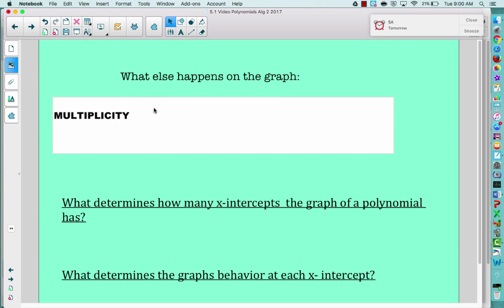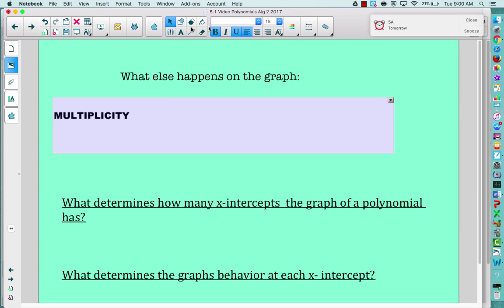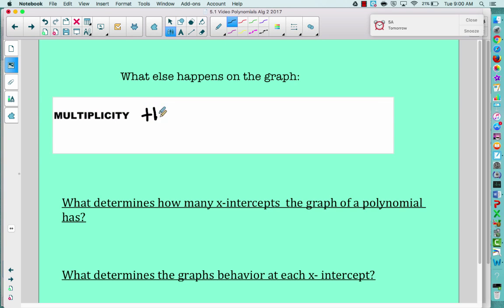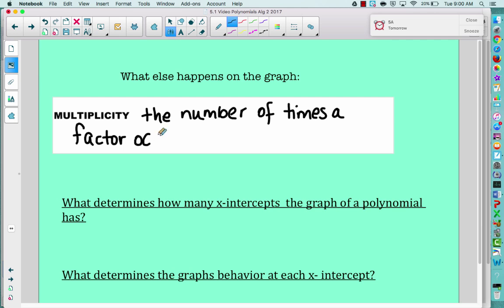The multiplicity is the number of times a factor occurs. And when we say how many times it occurs, it's really the exponent that tells me how many times it occurs. Okay? The exponent of the factors.